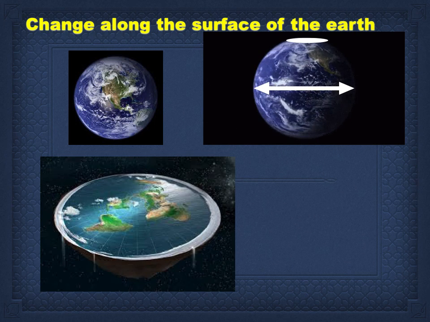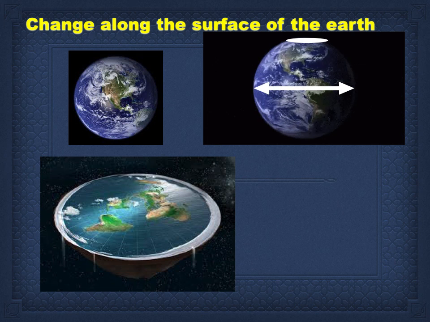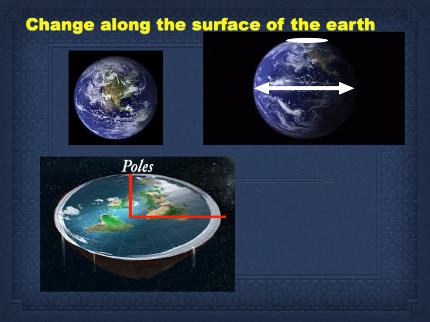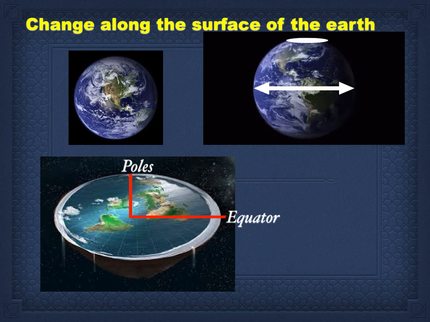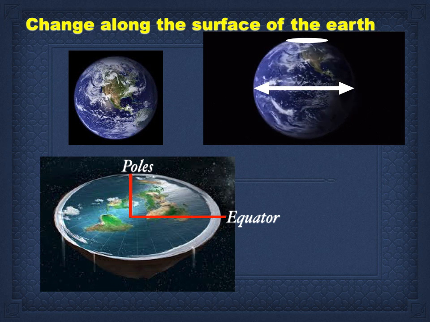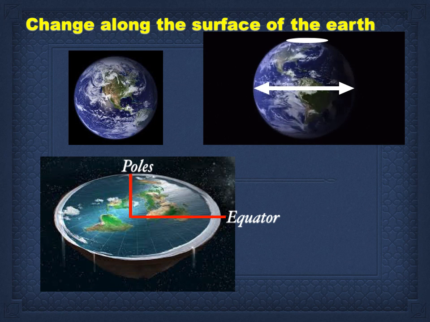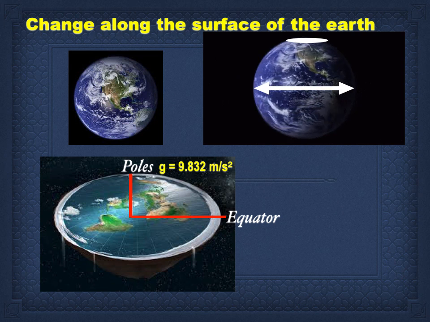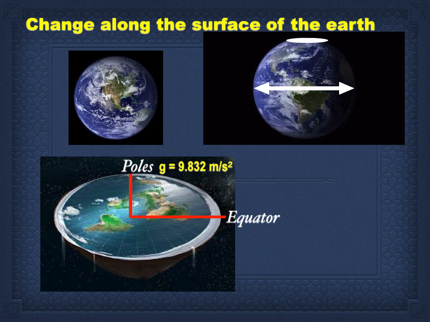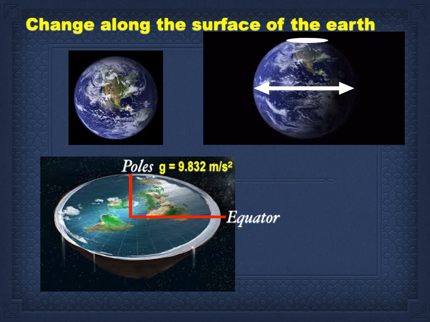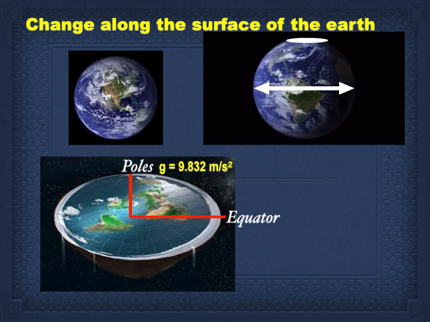Hence, due to this, its radius is largest at the equator and smallest at the poles. Therefore, the value of g is highest at the poles, that is g equal to 9.832 meter per second square, as you can see.